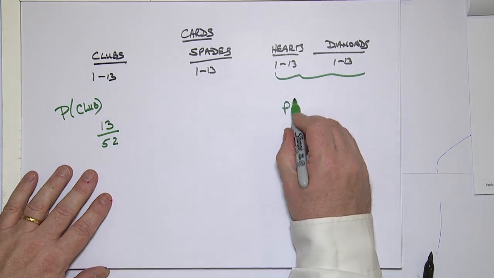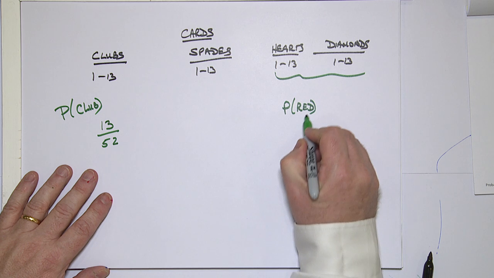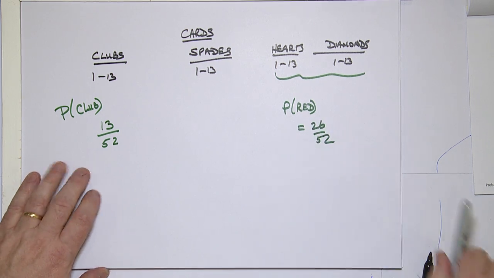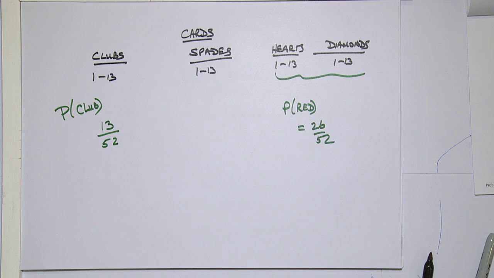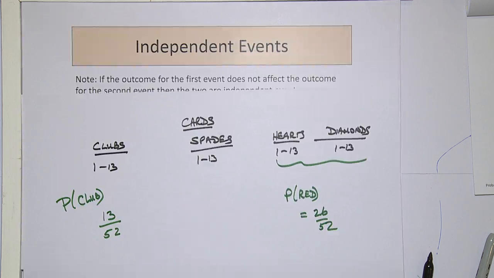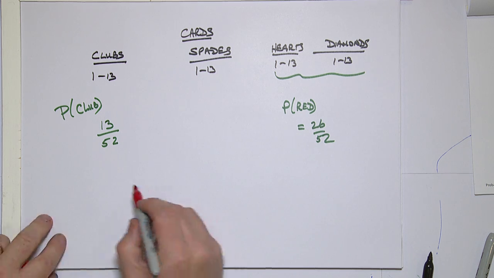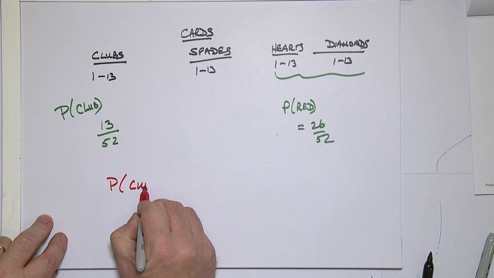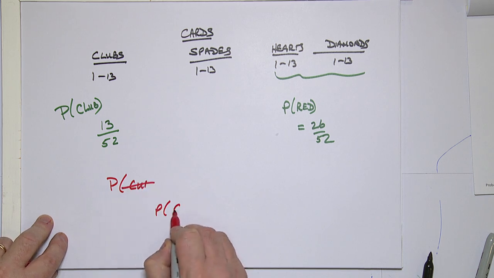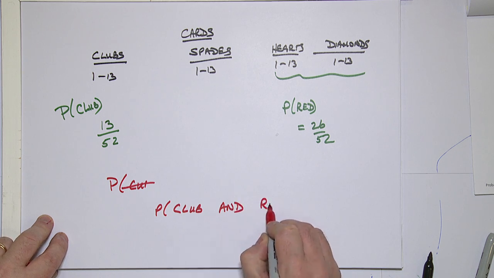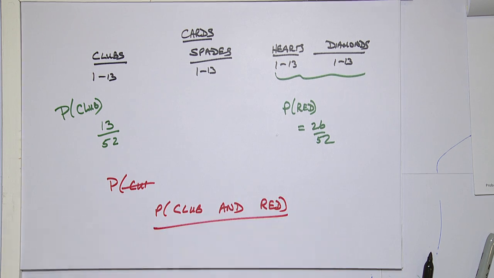So what's the probability of red? 26 over 52. Is that okay? Now, if I put the card back, what's the chance that the first card will be a club? This is P of club, and P of club and red. Is that okay with me?